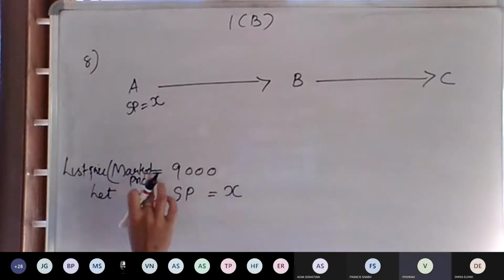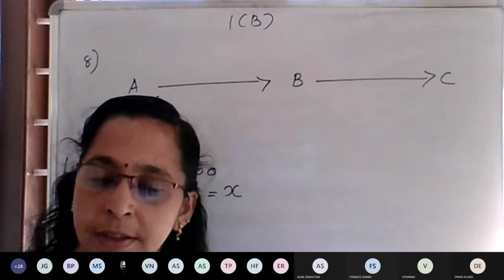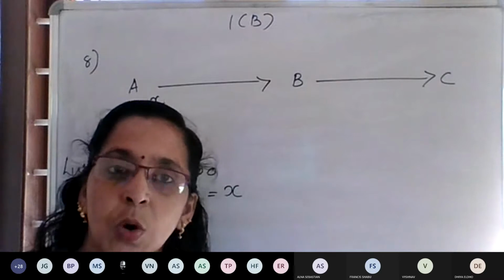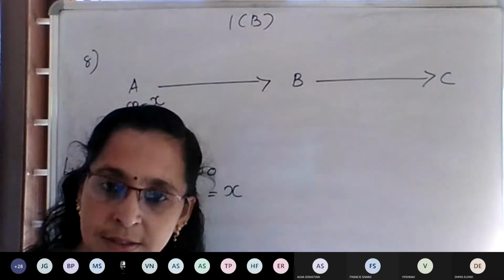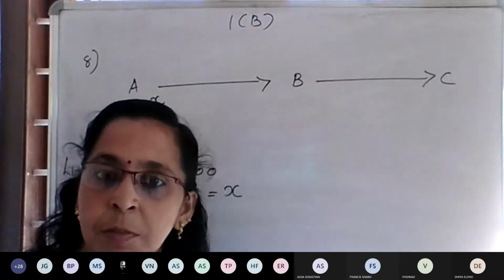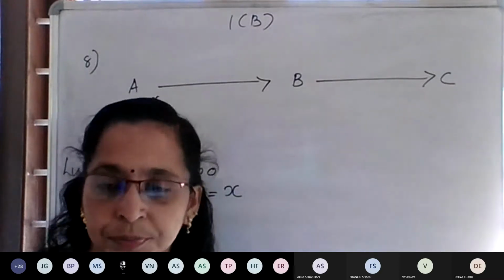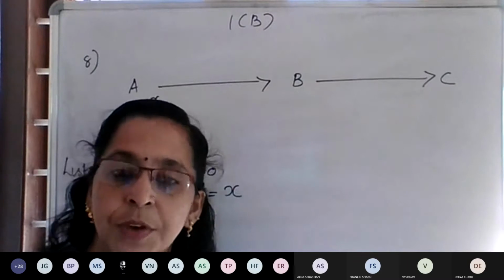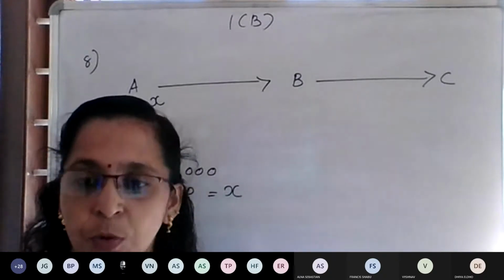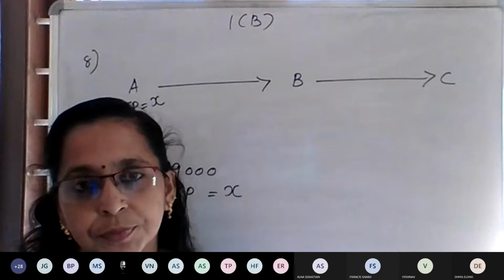No. The person fixed the list price at 9,000 rupees, but he sold the article for a reduced amount. We don't know how much that amount is, we have not been told. We can only assume. So that amount is known as the selling price, no? We don't know the selling price, for how much amount that person gave. That we want to find out. Clear or not? Yes, ma'am.